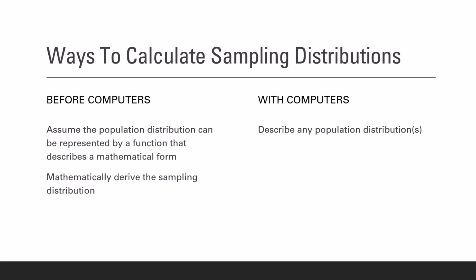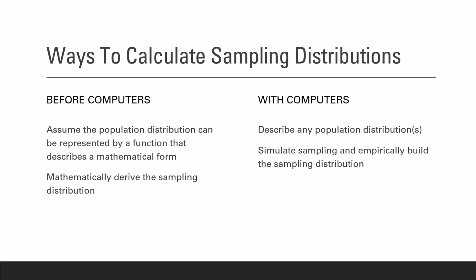What if we have a distribution that is like a mathematical distribution, say normal or uniform or logistic? We can describe either with a mathematical formula or just describe it in other ways, a population distribution. And here's what we can do with computers. We can actually simulate that we're sampling from that distribution.